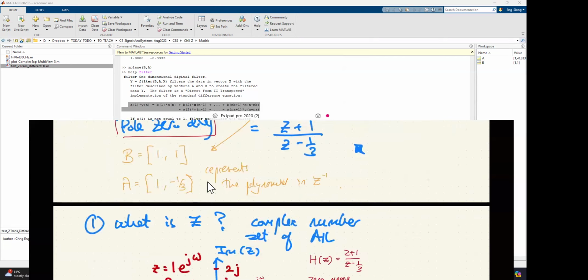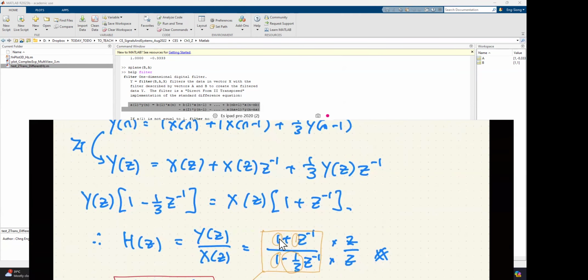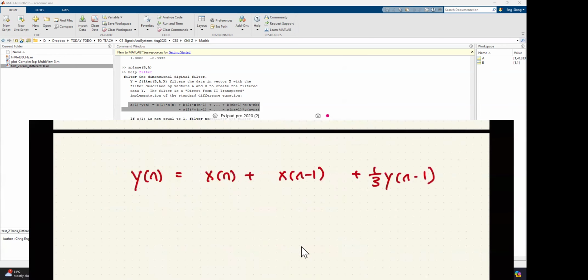You have to go back and realize who's the B. The B's are multiplying the X's. So this is B1. This is B2. Unfortunately, MATLAB uses index 1, and that's going to cause you a lot of pain later on. But we have to live with it.